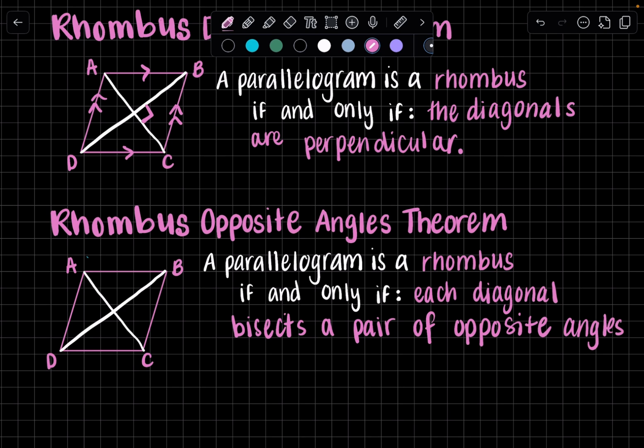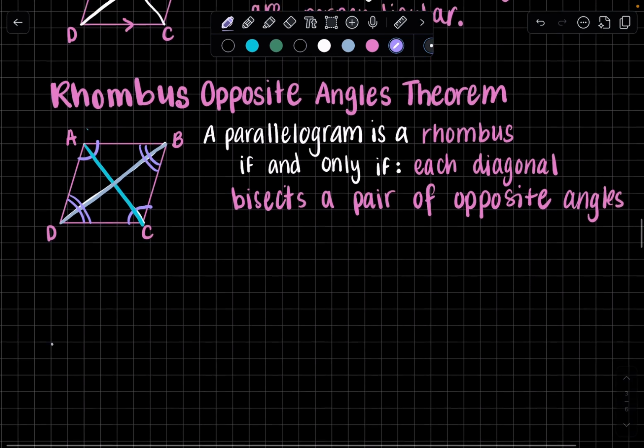So what this is saying here is that if I have a diagonal, it's going to bisect a pair of opposite angles. Notice it's bisecting. The diagonal AC is bisecting the big angle A and the big angle C, as well as the diagonal DB is bisecting the big angle B and the big angle D. This is going to come in handy later.